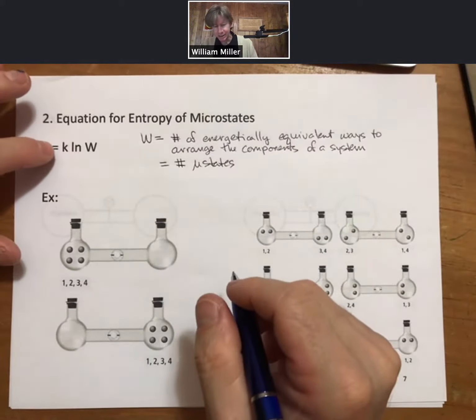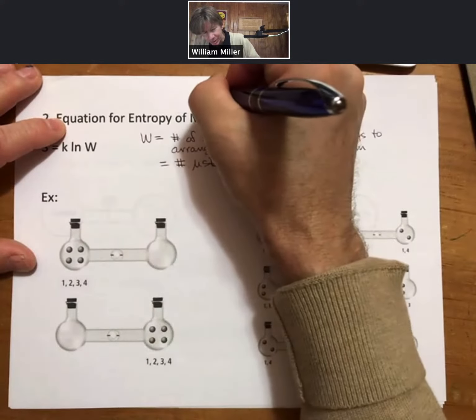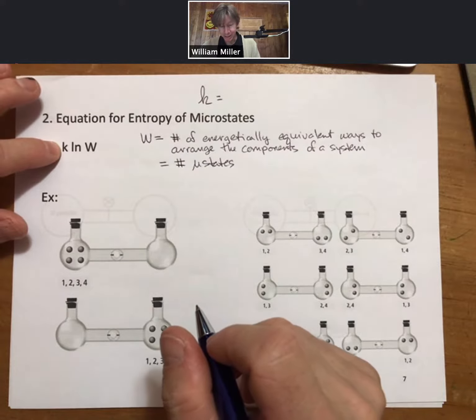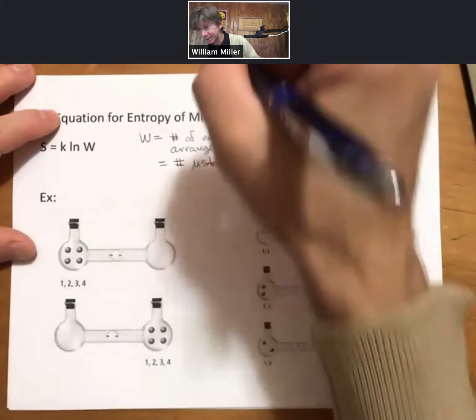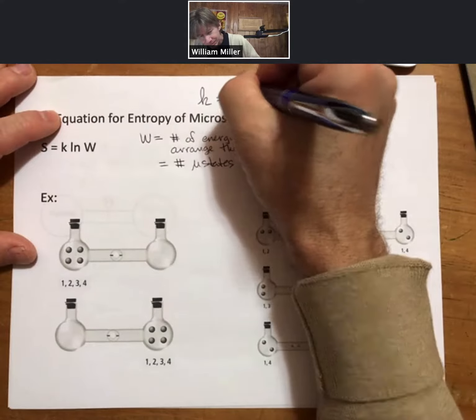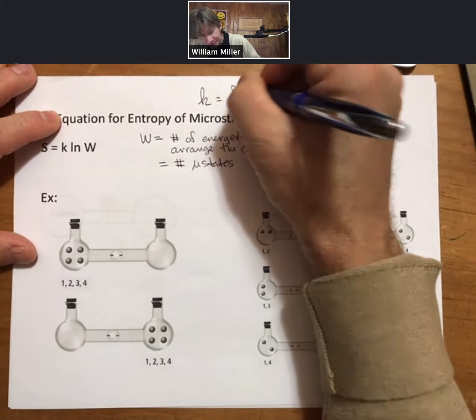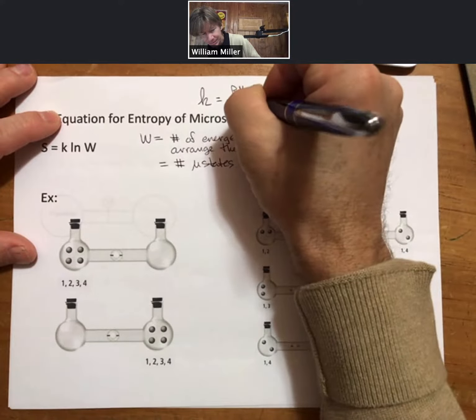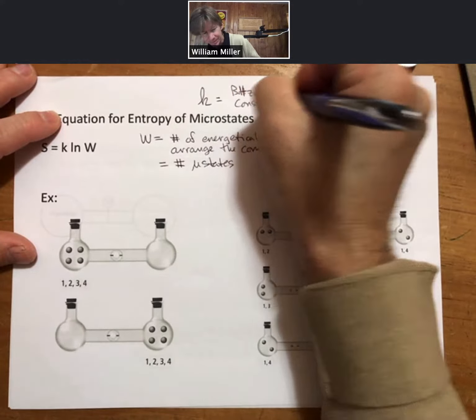Now k, and this is a lowercase k, so I'll draw it like a lowercase k. This is a new constant called the Boltzmann constant, B-O-L-T-Z-M-A-N-N constant. So it is not the rate constant.